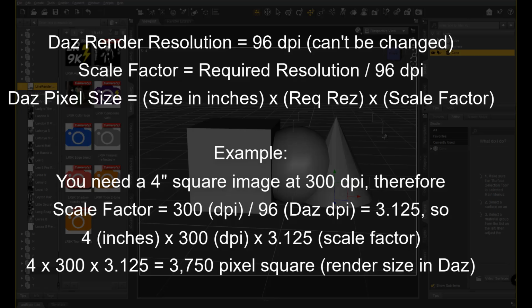Then, as an example, if your final image was 4 inches square, you'd multiply 4 times 300, the resolution you need, times the scale factor from above. So you'd have 4 times 300 times 3.125, giving you a render image size of 3,750 pixels that you would need to specify before you render out.